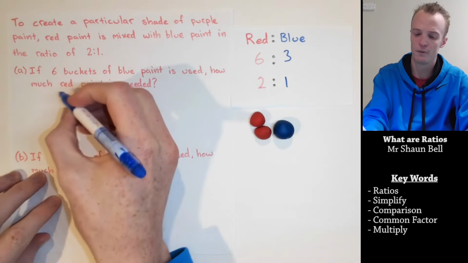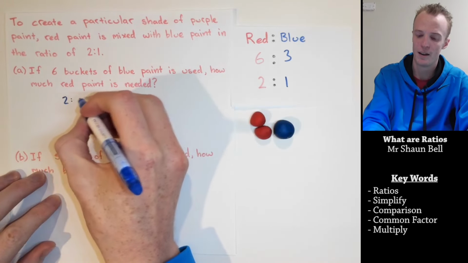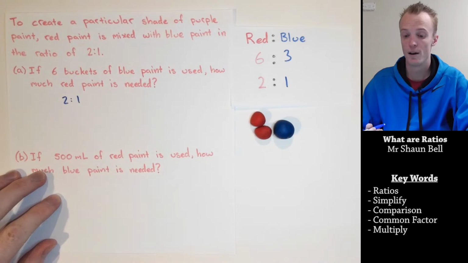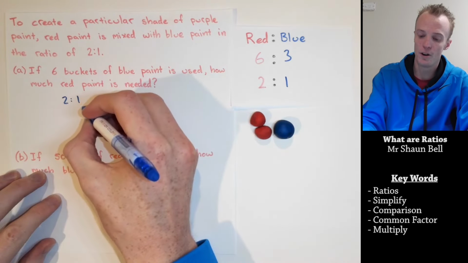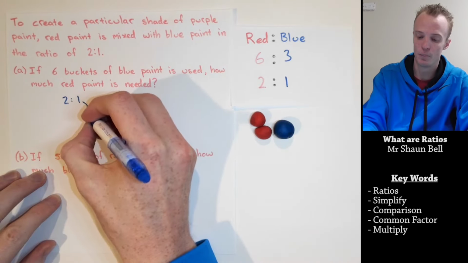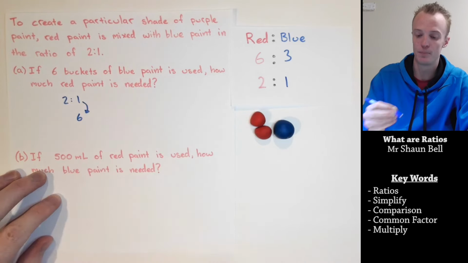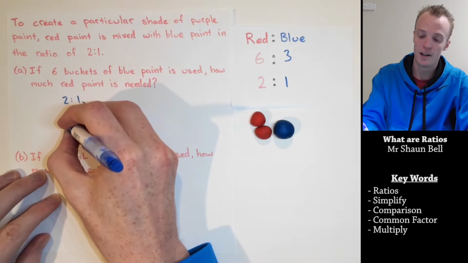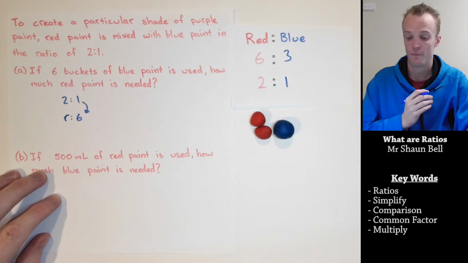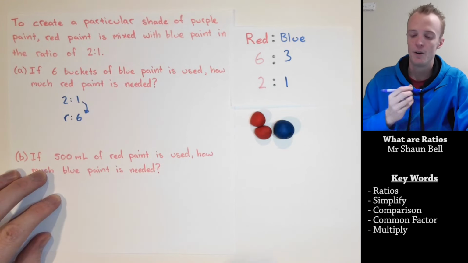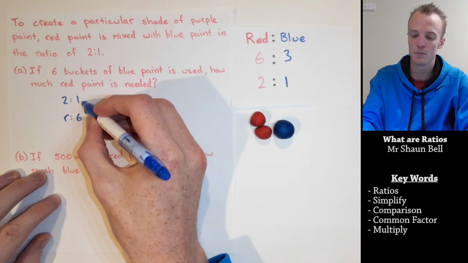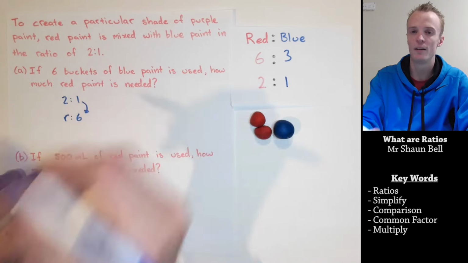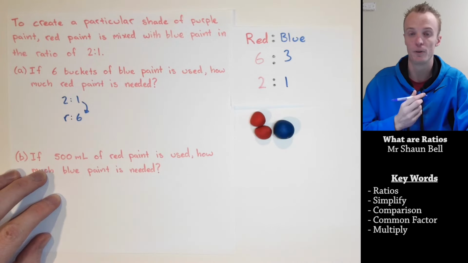Well, we know that the ratio between red paint and blue paint is 2 to 1. We also know that we want the blue paint to have 6 buckets of it. What we don't yet know is how much red paint we want. But to figure this out, we need to look at what we multiplied by to get from 1 through to 6 buckets of blue paint.